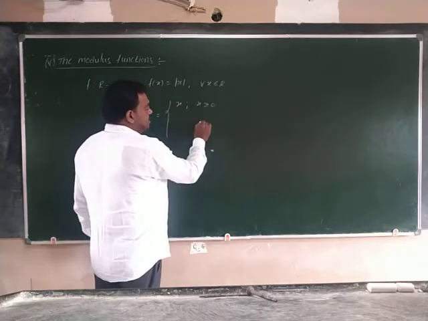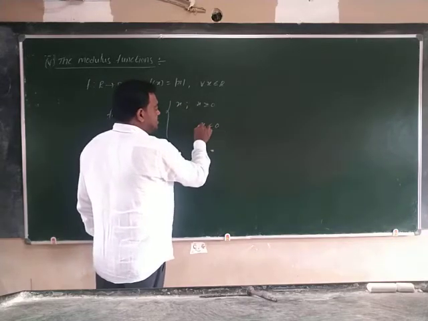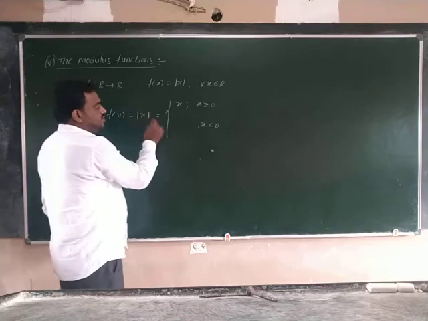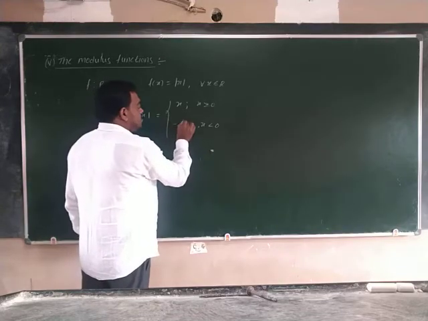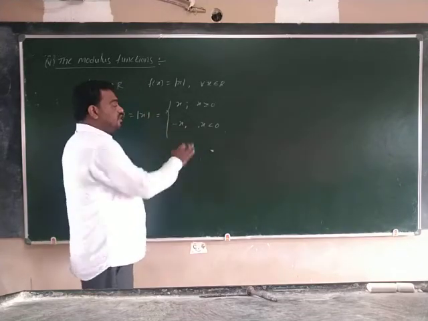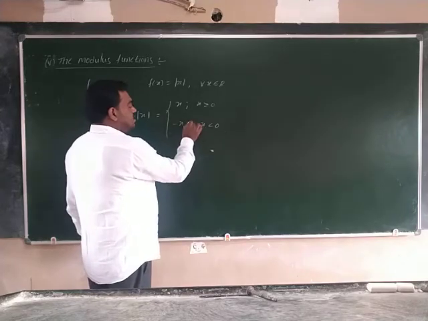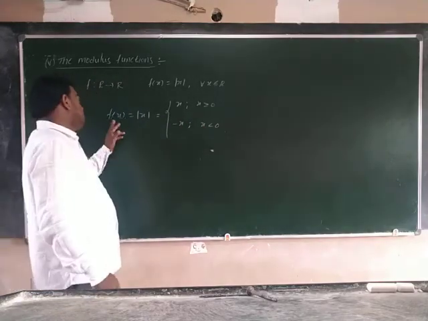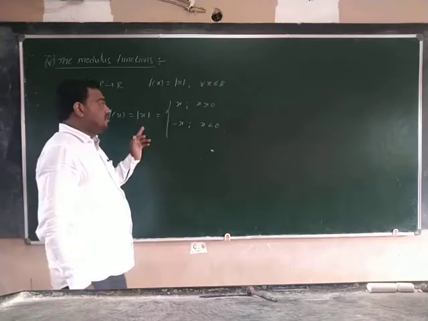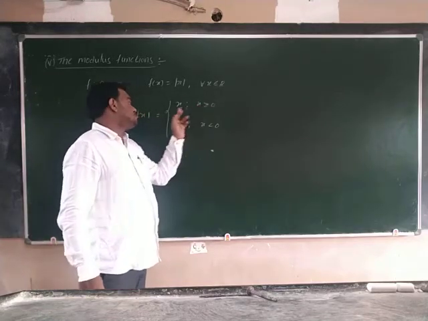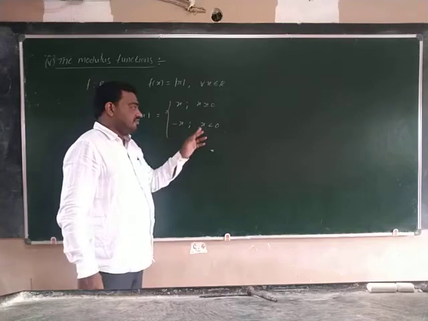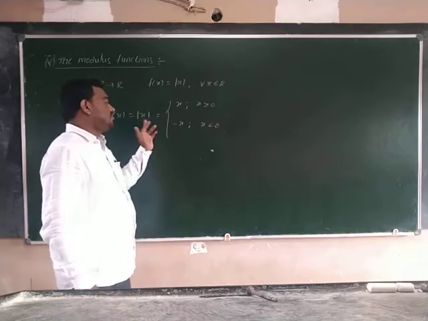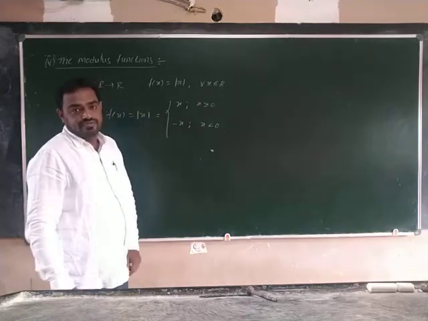For negative values of x, that means x is less than 0, the modulus function is equal to negative x. This is the modulus function. Understood? f of x is equal to mod x. When x is greater than or equal to 0, mod x is equal to x. When x is less than 0, mod x is equal to minus x.